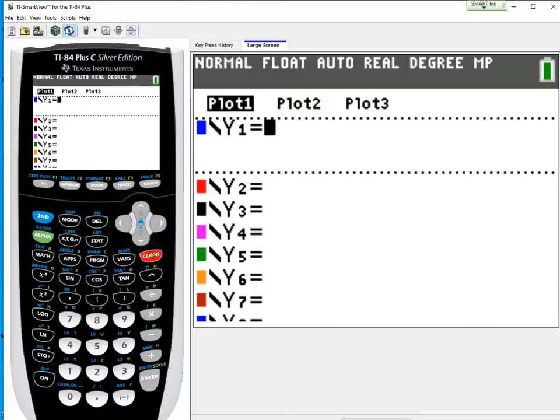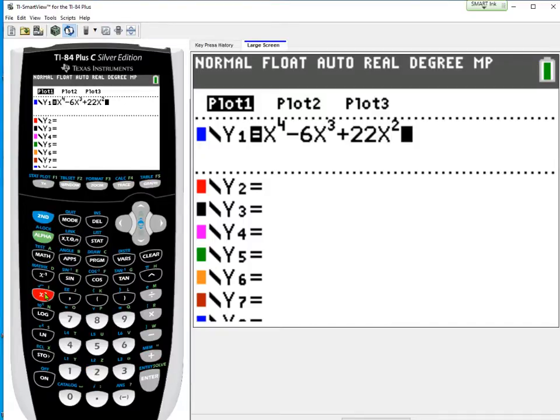It's just x to the 4th minus 6x to the 3rd plus 22x squared minus 38x plus 13. Okay.